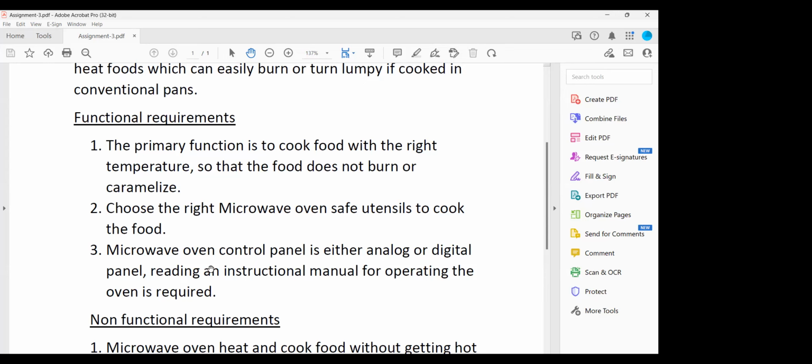And this is a very good point, where the instruction manual for operating the oven is required. This is the user manual, right? If you don't know how to operate it, probably you would have seen or heard that big, complex machines have an operating manual, like an airplane.